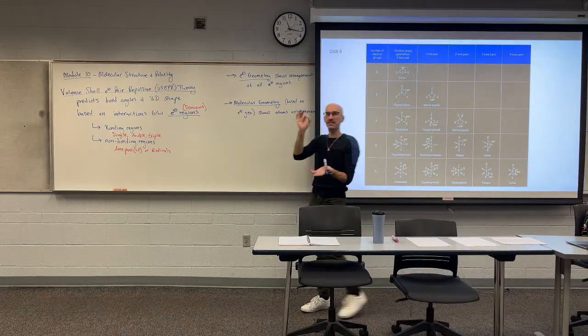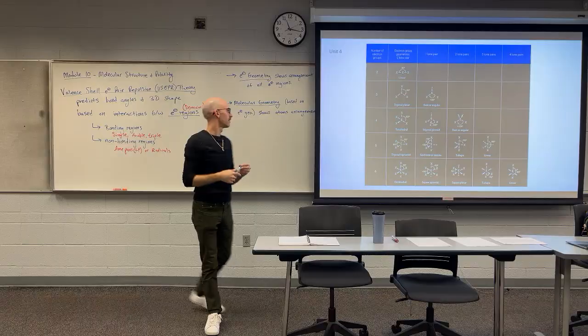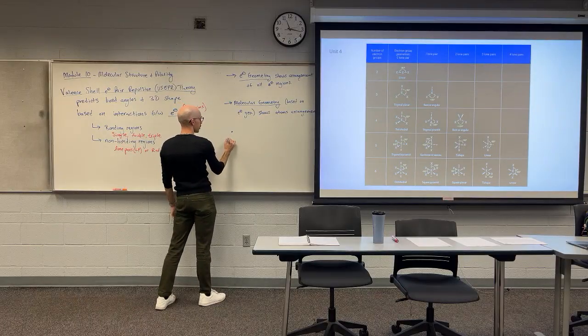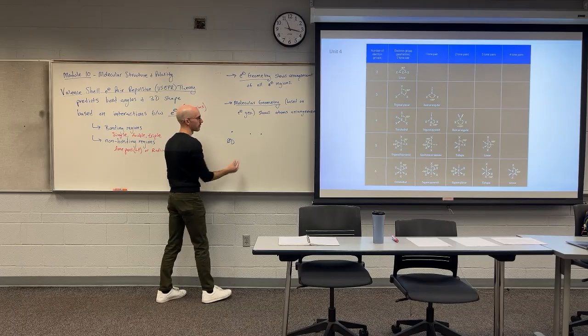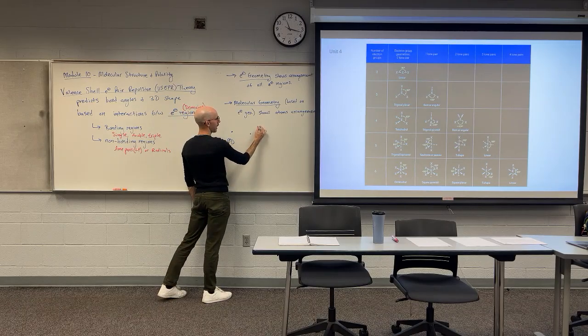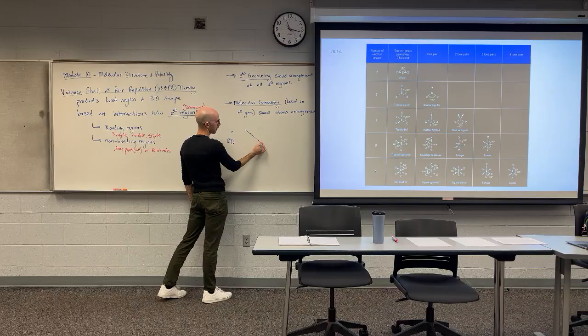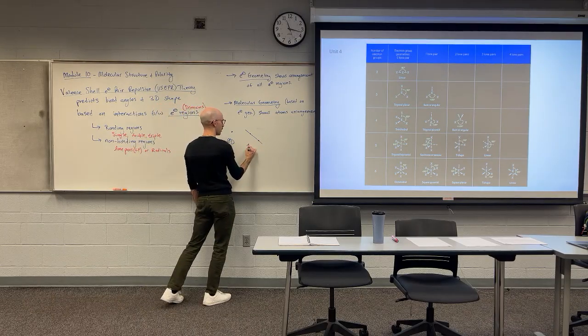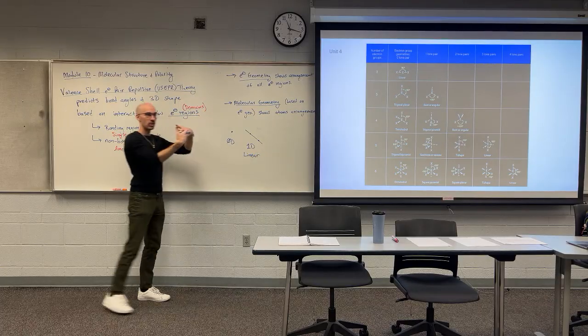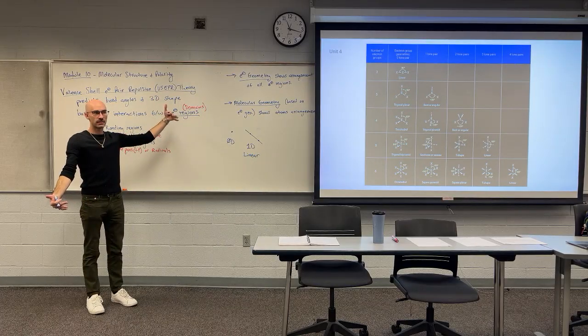A dot is dimensionless. 0 dimensions. What about the connection of 2 dots? It doesn't matter how you arrange these 2 dots. You will always find that these 2 dots define one dimension. They define a linear geometric space.